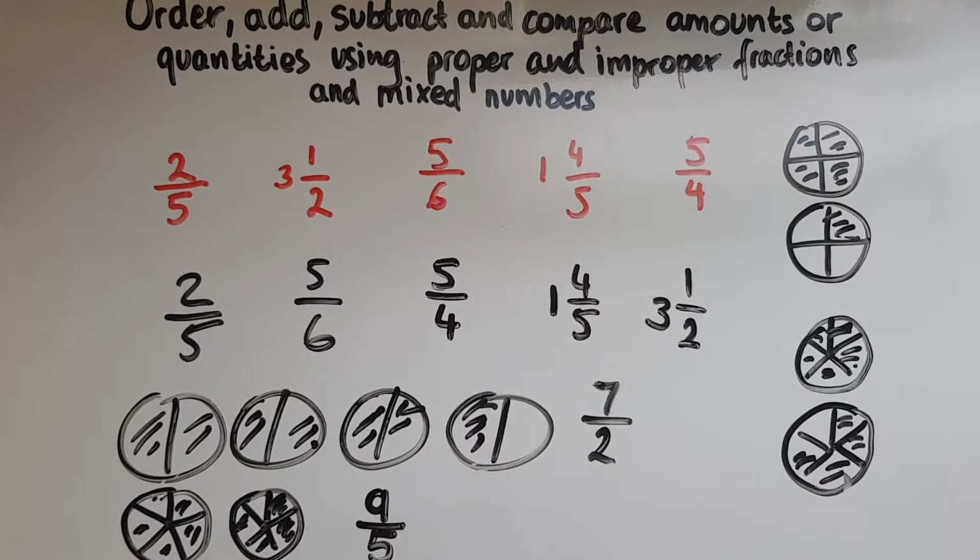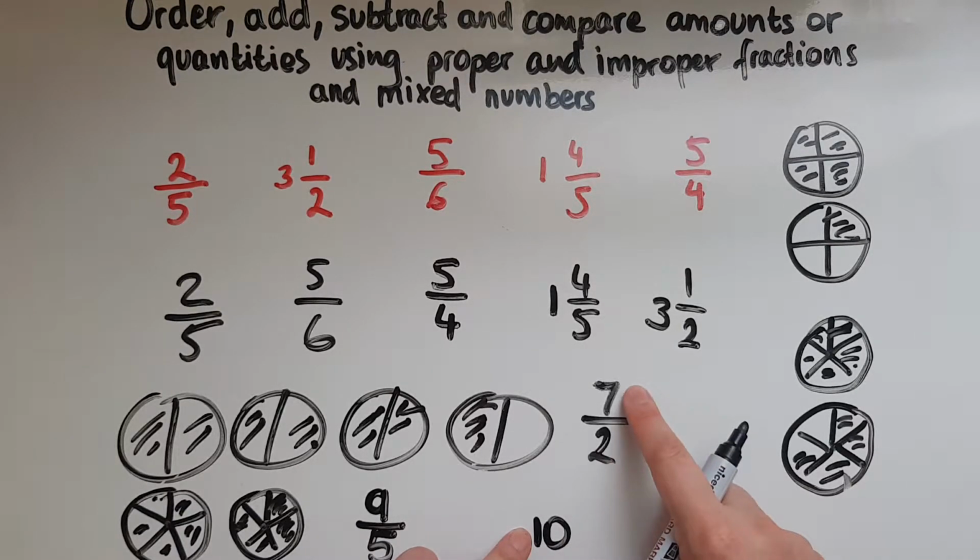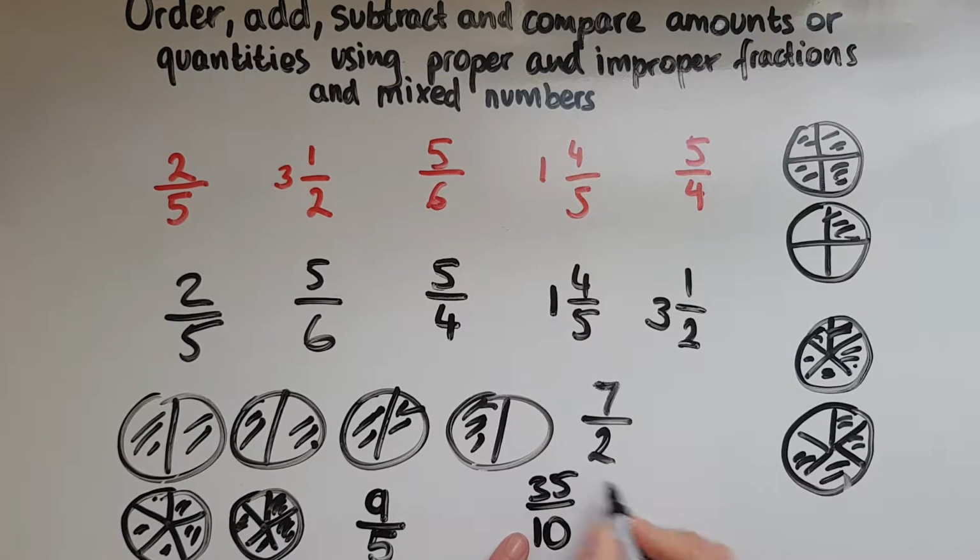Now once we have them like this, so we've converted them to improper fractions, we can easily compare, just like we did before. So we need to find a common denominator between 5 and 2, and the easiest one to do would be 10, because 5 times 2 is 10. So to get 2 to 10 we multiply by 5, so I multiply the 7 by 5 as well, so that is 35. And let's convert this as well.